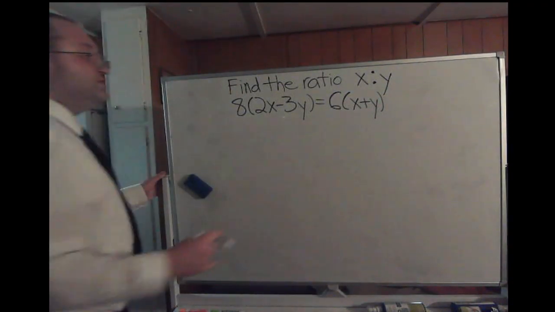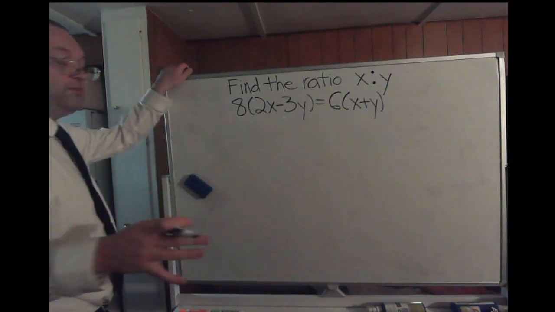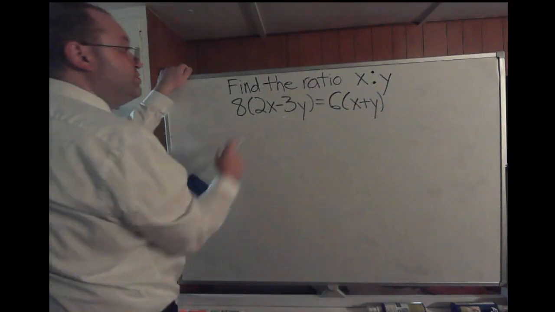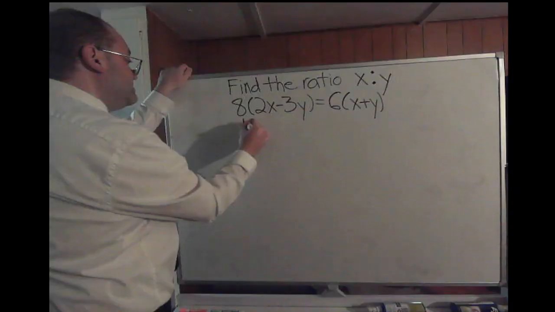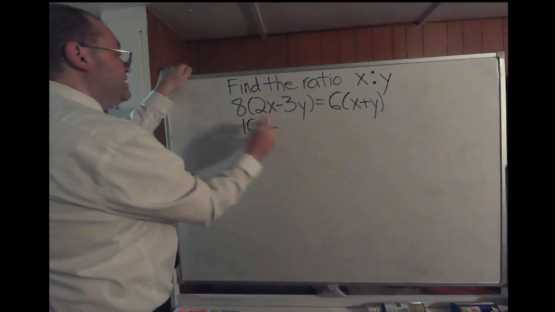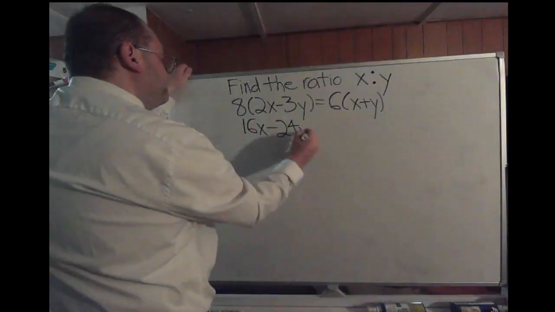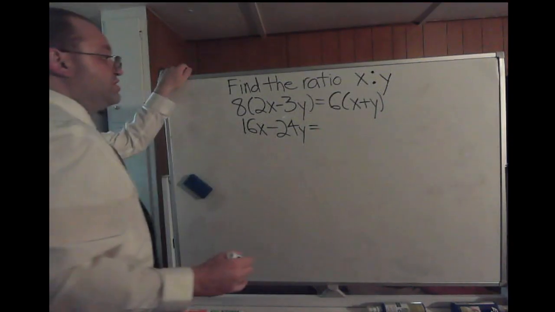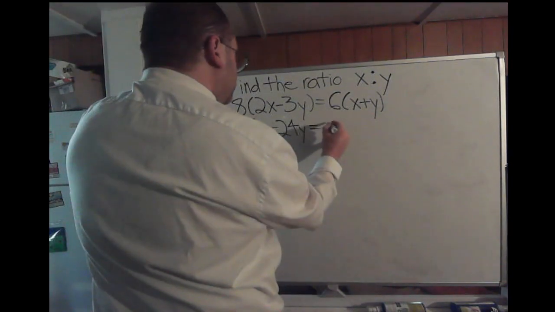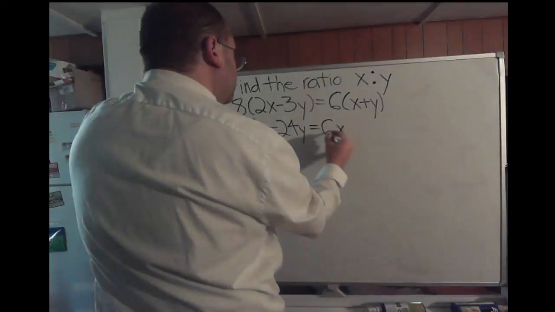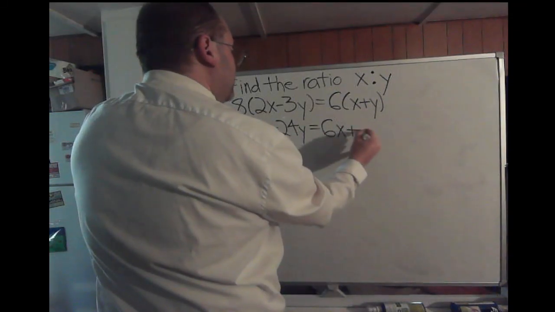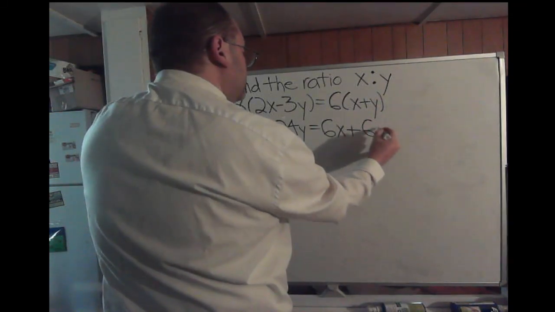So do yourself a favor, do the distributive property on both sides. 8 times 2x is 16x, minus 8 times 3y, that'd be 24y. That's going to be equal to 6 times x, well that's 6x, plus 6 times y, that's going to be 6y.